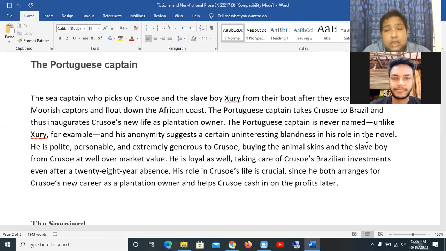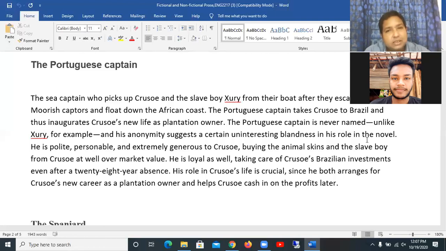He both arranges for Crusoe a new career as a plantation owner and helps Crusoe cash in on the profits later. So not only did he help Crusoe become a plantation owner, but he also helps Crusoe hand out the profit. Crusoe was on the uninhabited island for 28 years, but after 20 years, when he returned to Brazil, he found that a friend is there.